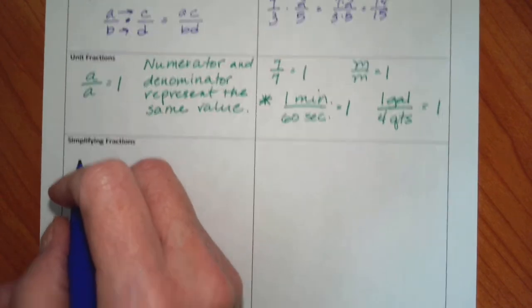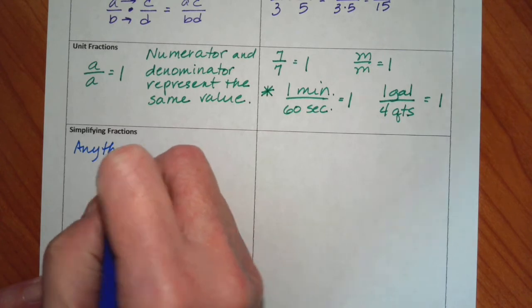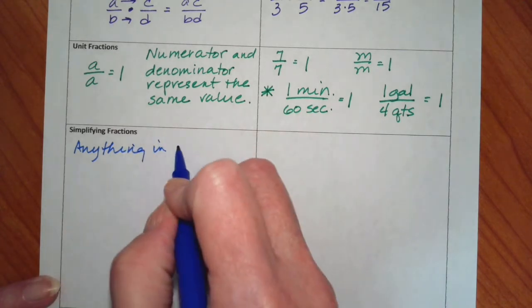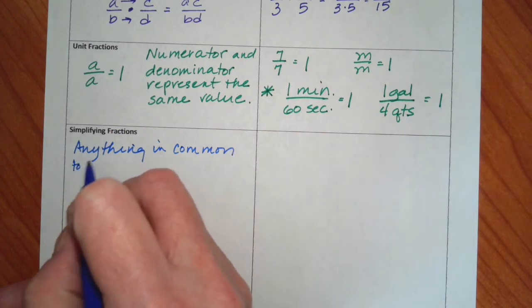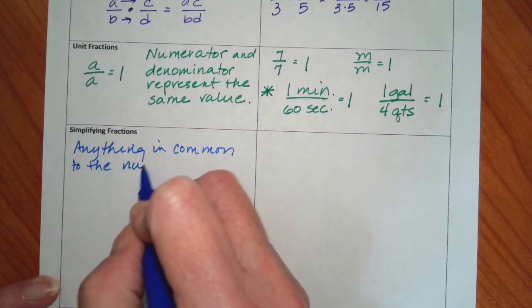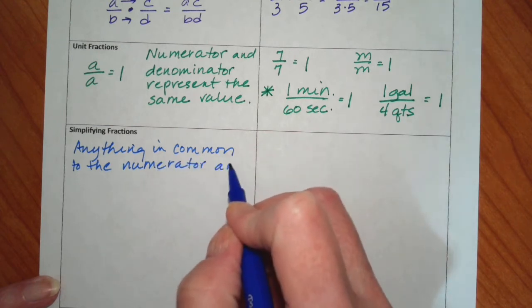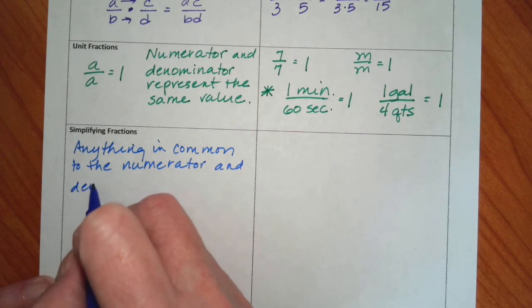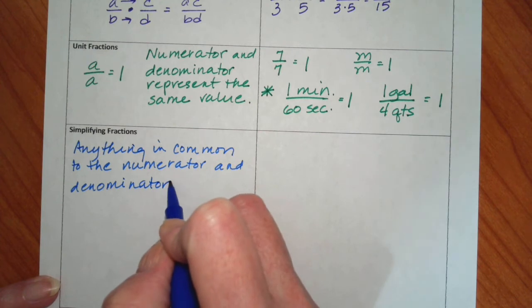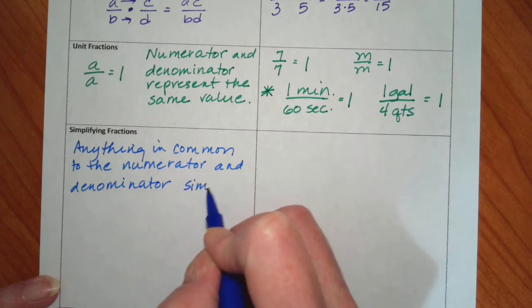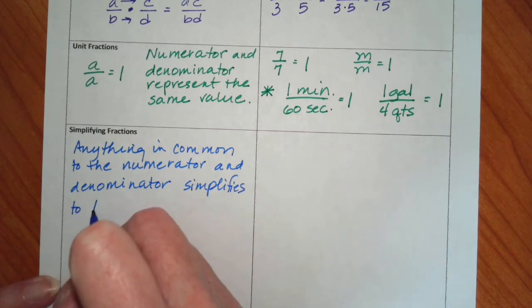So if you're simplifying fractions, anything in common to the numerator and denominator simplifies to 1.